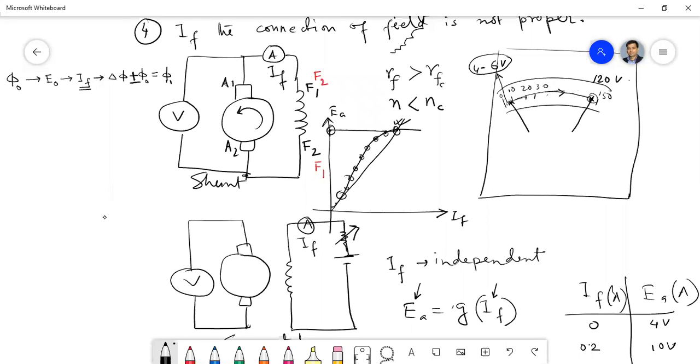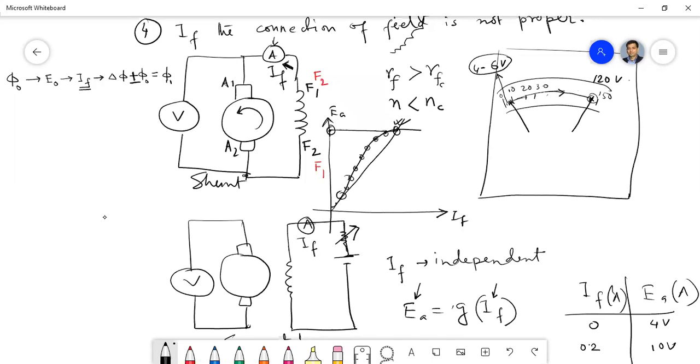If still the voltage is not getting built up, then you have to check the ammeter. If the ammeter is not proper, that means if the ammeter is open circuited, if the coil has broken, then also the same thing may happen, because the ammeter is an essential part of the circuit.